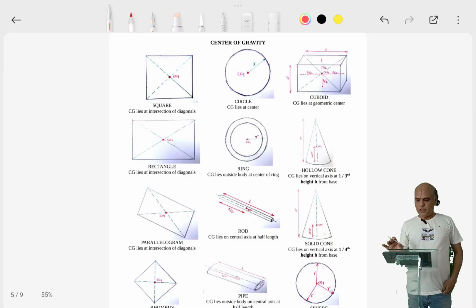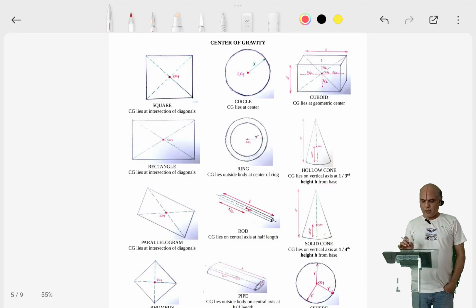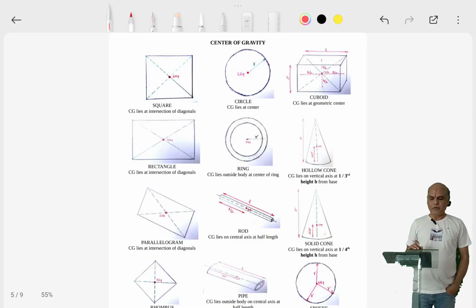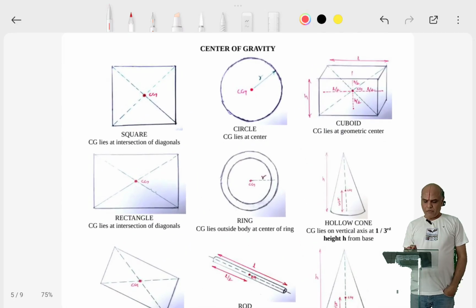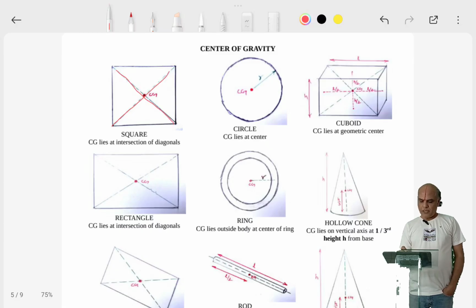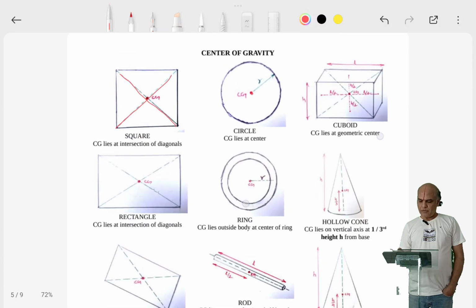Okay, so these are the common shapes and their centers of gravity. For a square, focus on the screen. For a square, the center of gravity lies at the point of intersection of diagonals. For a circle, the center of gravity lies at the geometric center of the circle.